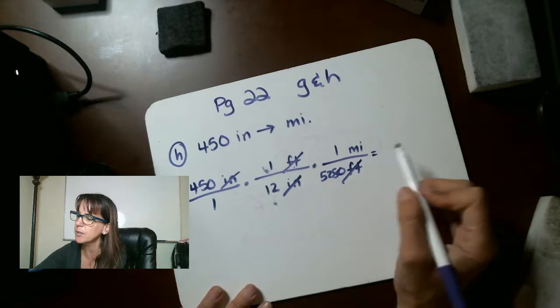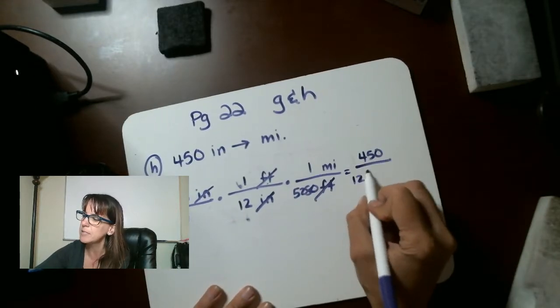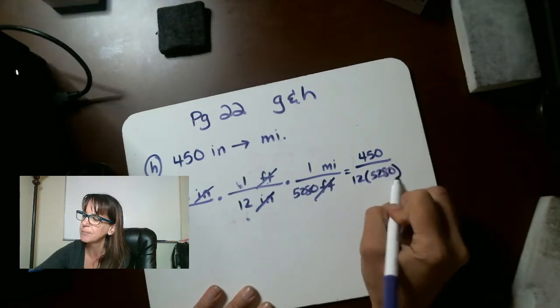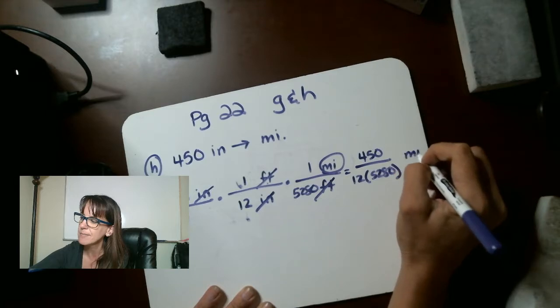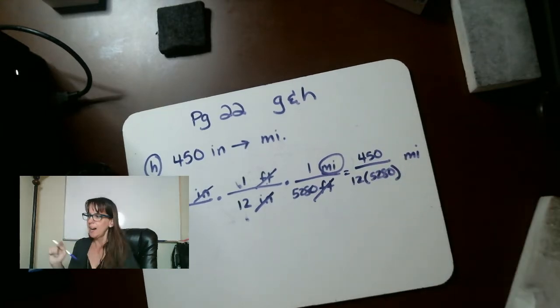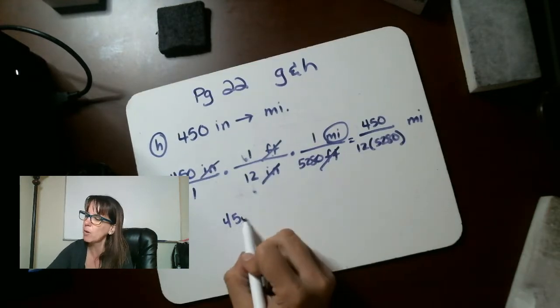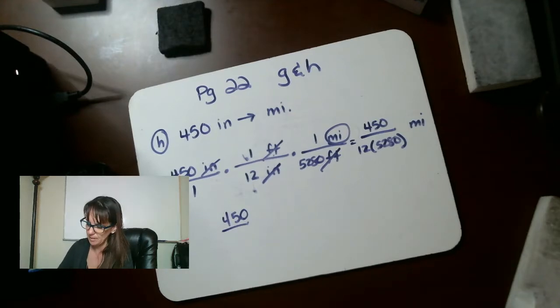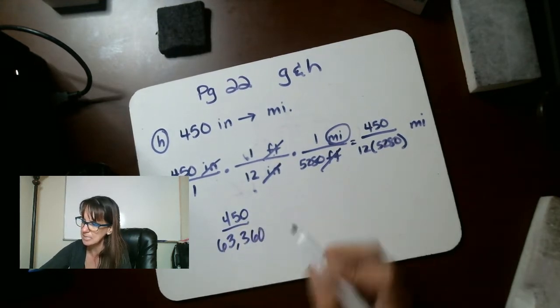Okay, if I multiply straight across the top, I get 450. On the bottom, I get 12 times 5280. And then the only unit that I have left is this guy right here, miles. If you wanted to do the math on that, I'm gonna put that over here because I'm running out of space. 5280 times 12 would give me 63,360.